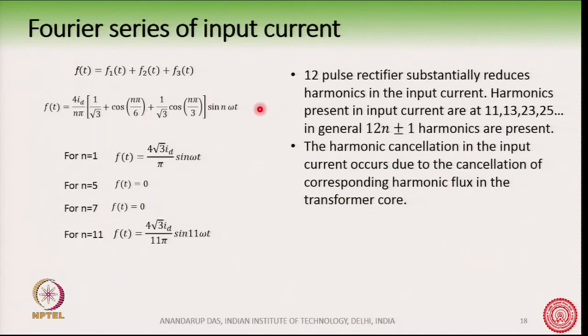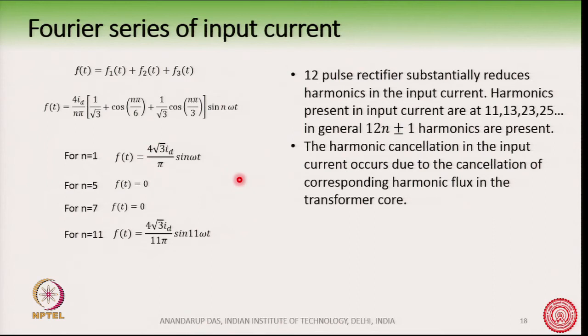If we now put n equal to 1 in this expression, we will get the fundamental component in the input current waveform Ia. Okay. So, n equal to 1, this is the magnitude of the fundamental.